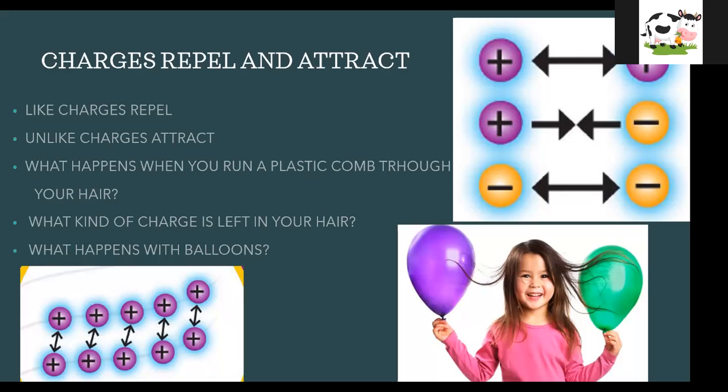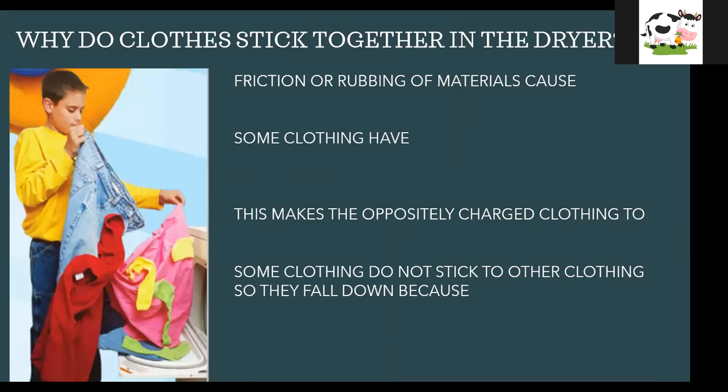Very good. Right. So another example is when you're doing laundry, right? You have a lot of clothes in your dryer, but when the dryer comes out, you see how this boy is holding all the clothes sticking together? So why do you think that happens? Okay, so yep, Sophia.